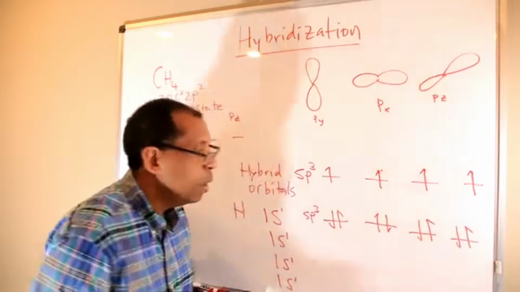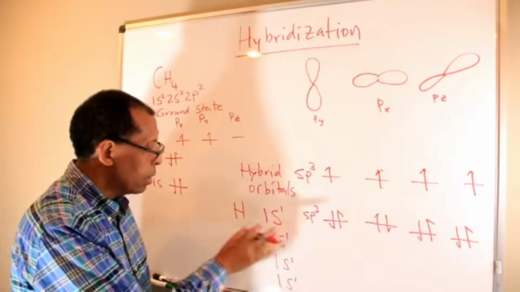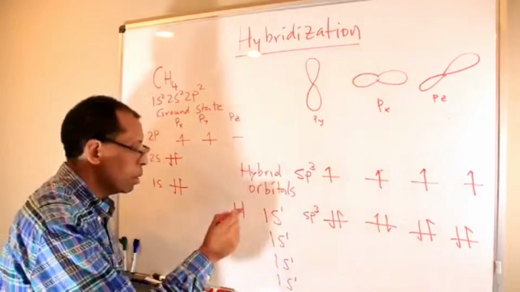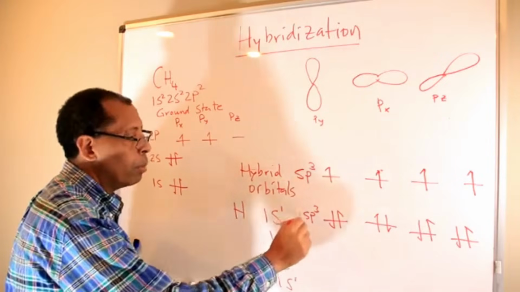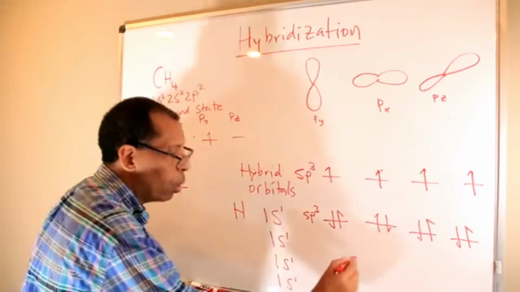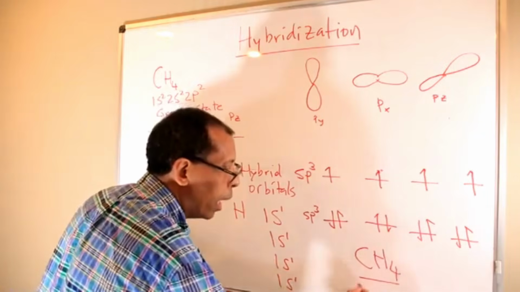So now what we have is 4 sp3 orbitals that have bonded with the s orbitals to make the molecule CH4 through sp3 hybridization.